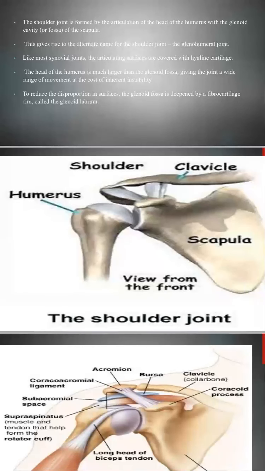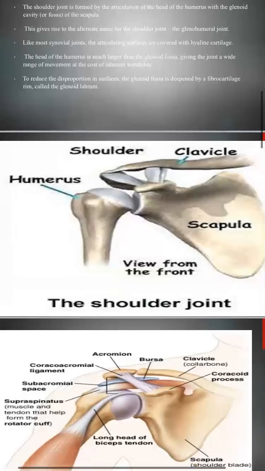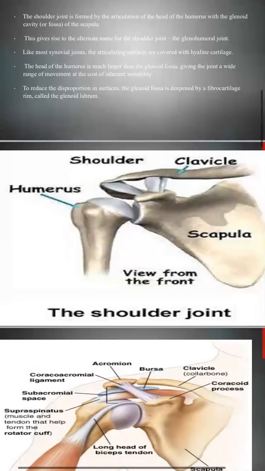So the shoulder joint is the most mobile joint in the body. To provide the most mobility, there is a inequality in the size of the two articular surfaces. That is, the head of the humerus is much larger than the glenoid cavity, almost 4 times larger, so that the movement will be more free.